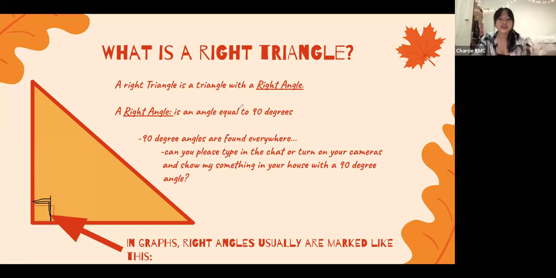So we have a little activity. If everybody can look around and type in the chat something that you see in your room that has a 90-degree angle. Anything in your room.